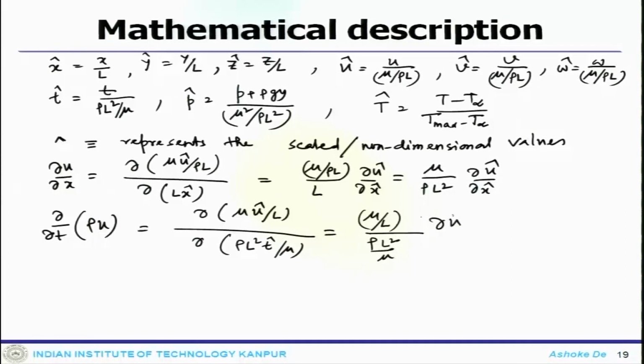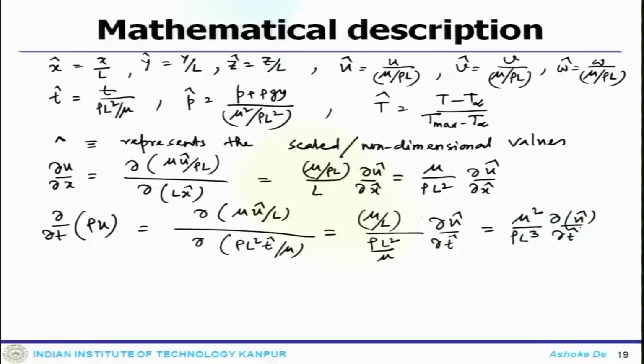So, this will become del u hat by del t hat. So, essentially this is mu square divided by rho L cube del u hat by del t hat.